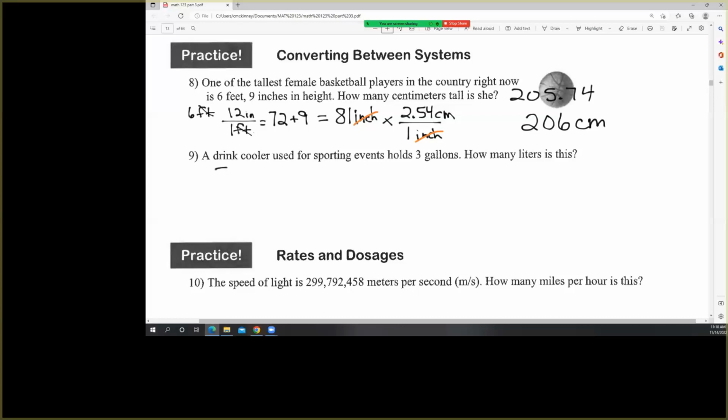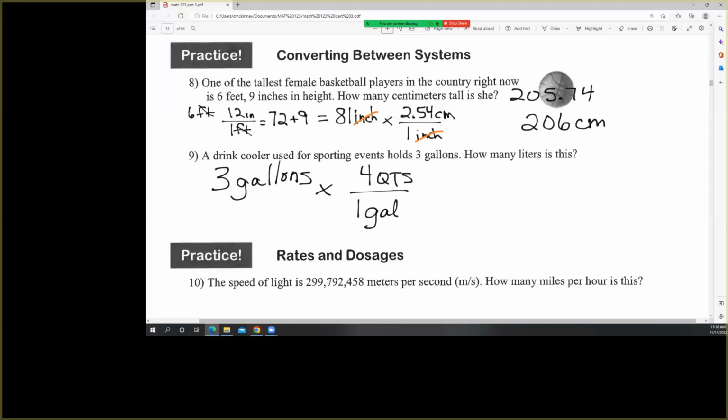So 3 gallons, and we want to change this into liters. When I look at my conversions, do I have anything that takes me directly from quarts to liters, or from gallons to liters? No. Not from gallons, but from quarts, yes. So we need to first change our gallons into quarts. 1 gallon is 4 quarts.